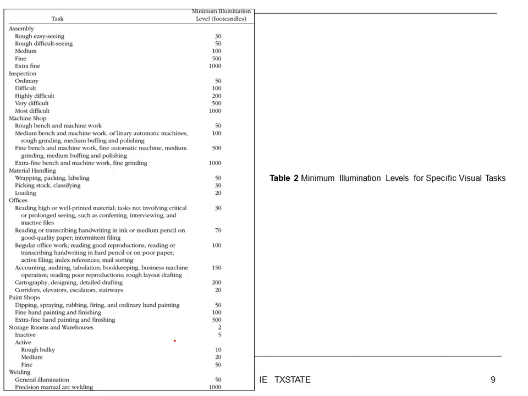This gives you, per task, the minimum illumination level in terms of foot candles. That's the measurement that is followed for this type of lighting. Let's take one example. If you're looking at the machine shop and you're doing some type of rough bench and machine work, then the requirement will be about 50 foot candles.